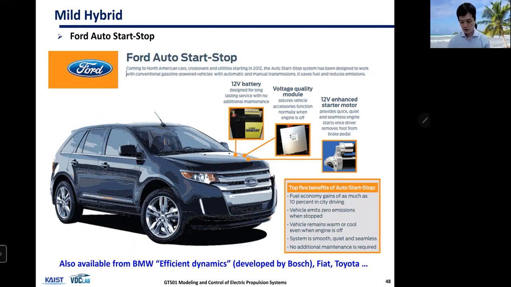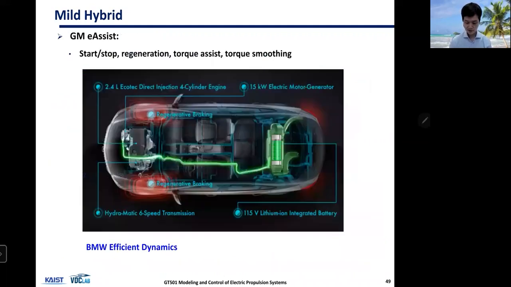And for low power electrifications or hybrids, you could use 48 volt or lower, sometimes 12 volt, but usually 48 volt is now becoming a standard for these micro or mild hybrids. Okay.